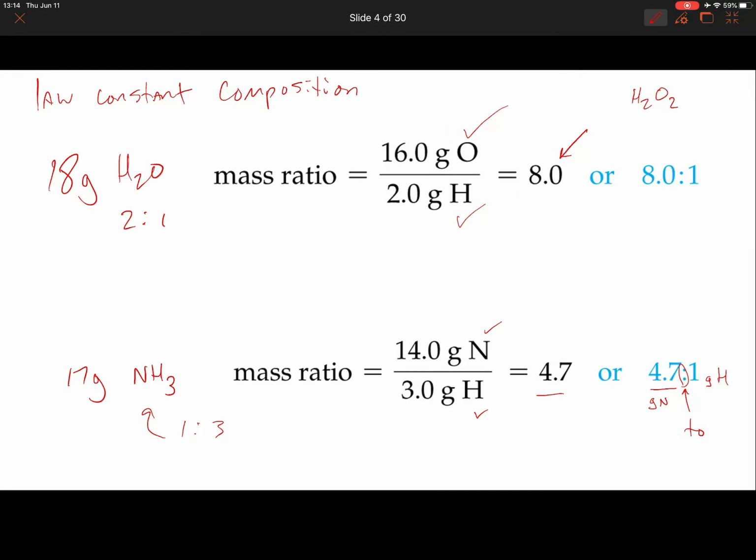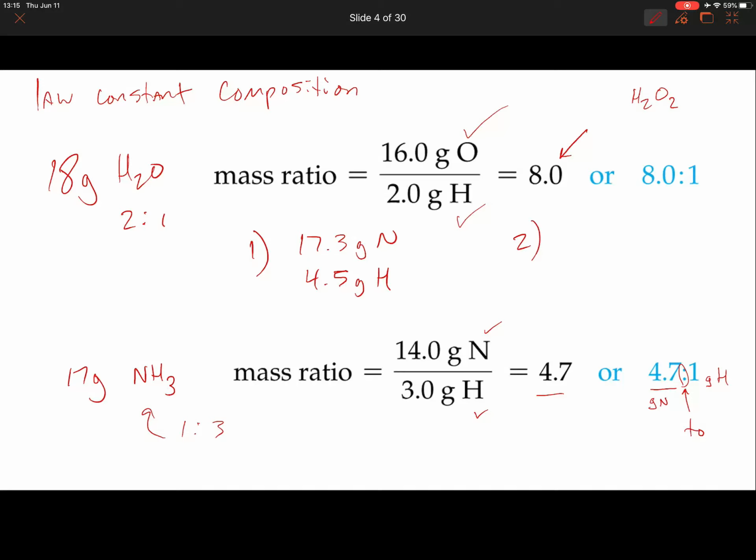Now, just to give you an idea of what kind of question I could ask you. I could say, here are two samples, sample 1 and sample 2. Sample 1 has 17.3 grams of nitrogen to every 4.5 grams of hydrogen.